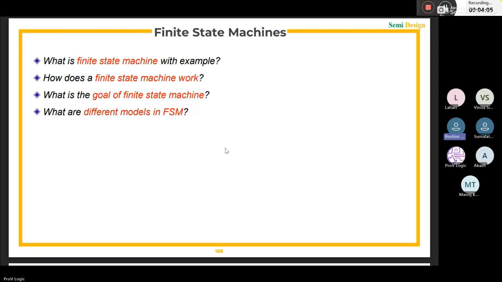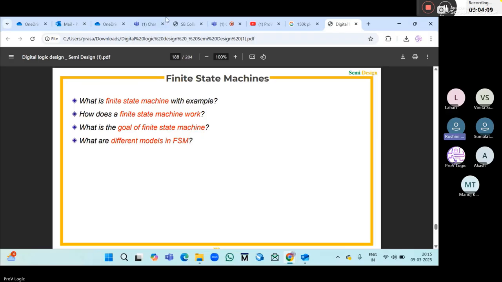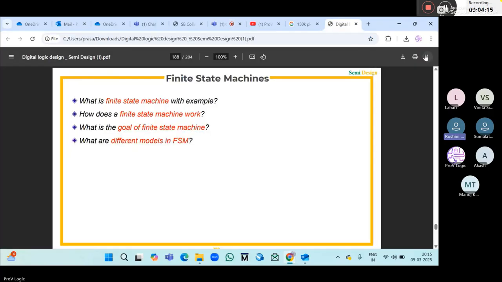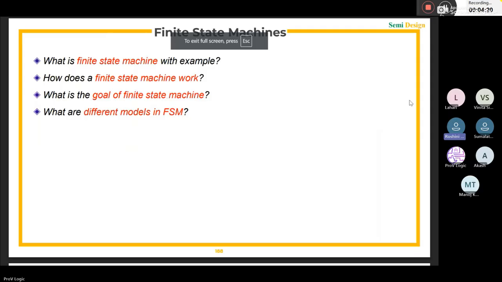State machines basically have multiple states, and in each state a particular task is performed. It moves from one state to another depending upon the logic. For example, like Sumalata told, in a Moore machine the output depends only on the present state, but in a Mealy machine the output depends on the present state as well as the input.